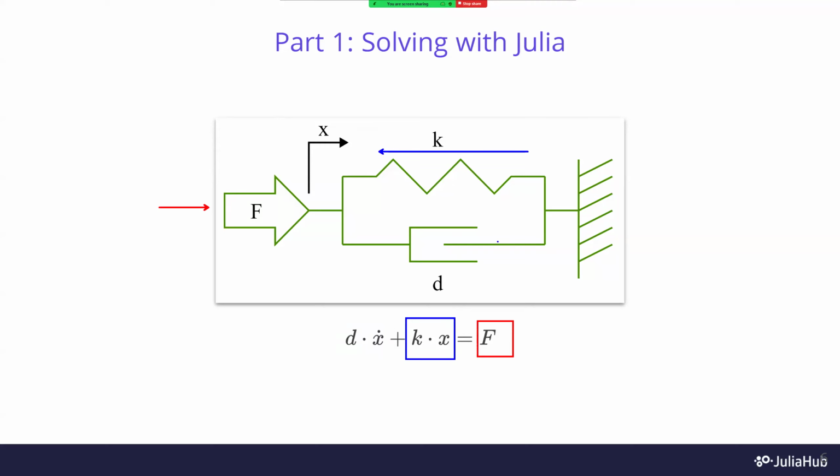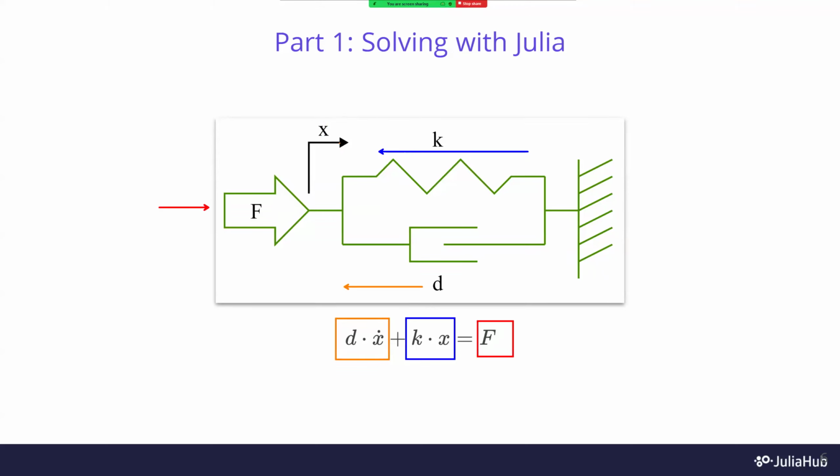So k is just the coefficient of the spring, and x is the amount that the spring is compressed. And finally, we have the force given by the damper, which is d times the derivative of x. In other words, d times the rate at which the spring is compressed.